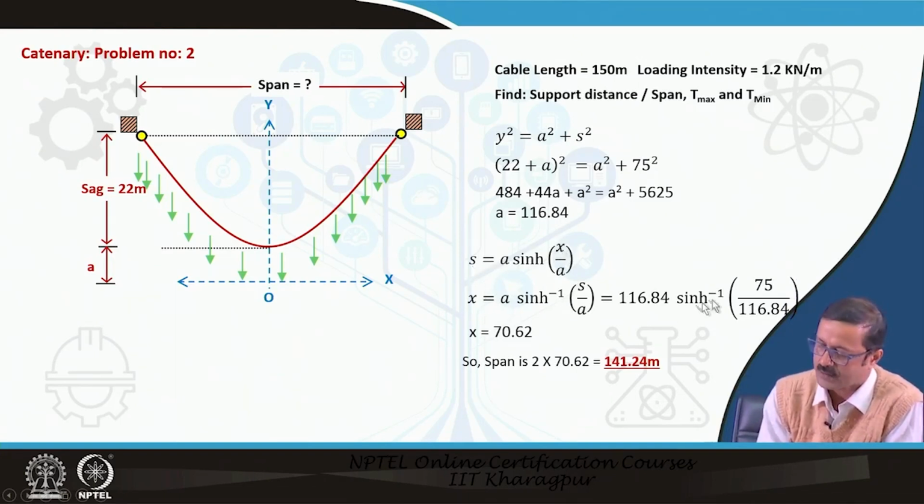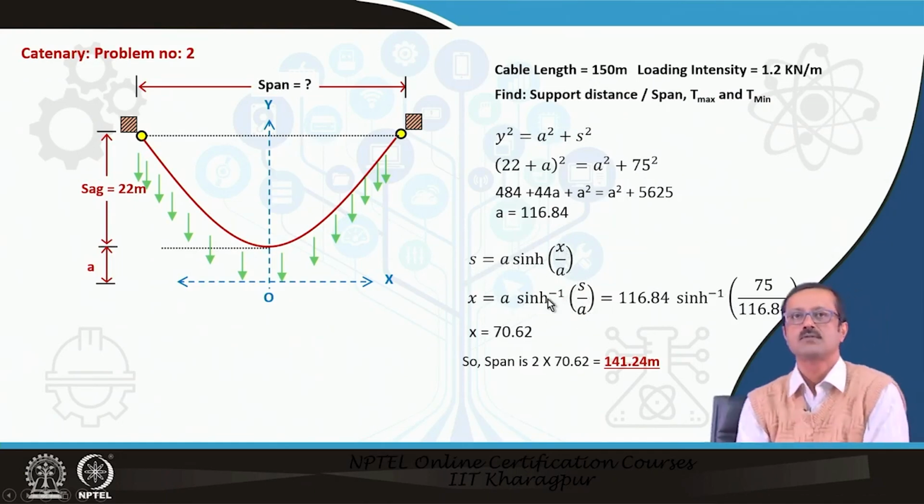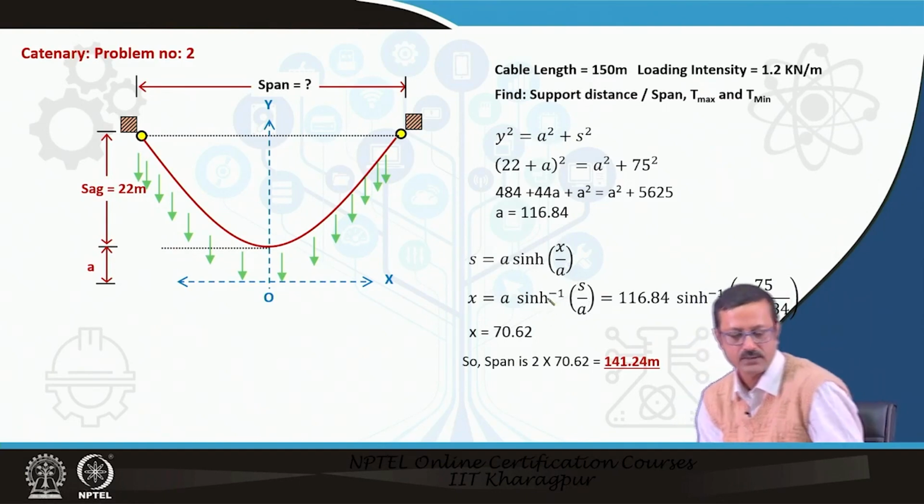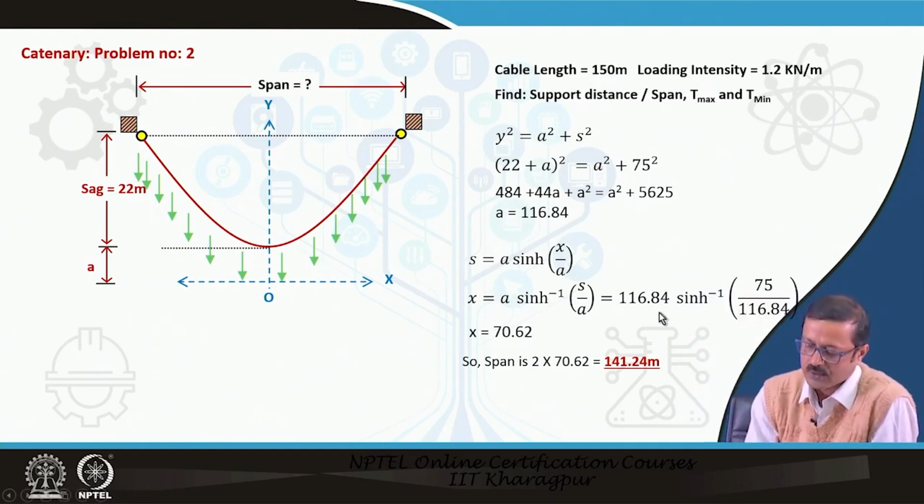As I know s is 75, so x equals a into sine inverse s by a. That is why you also sometimes require the inverse function on the calculator. I put the value of a and also s, and then find x equal to 70.62.